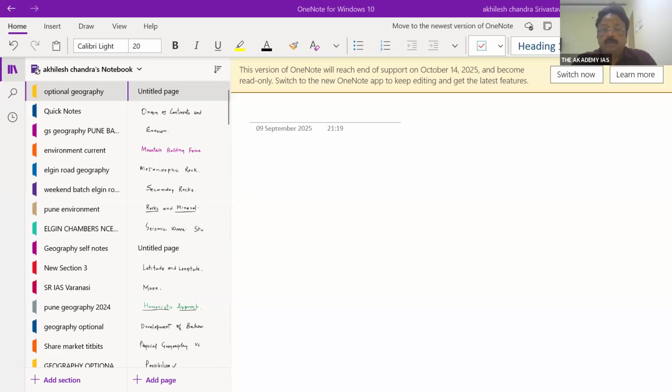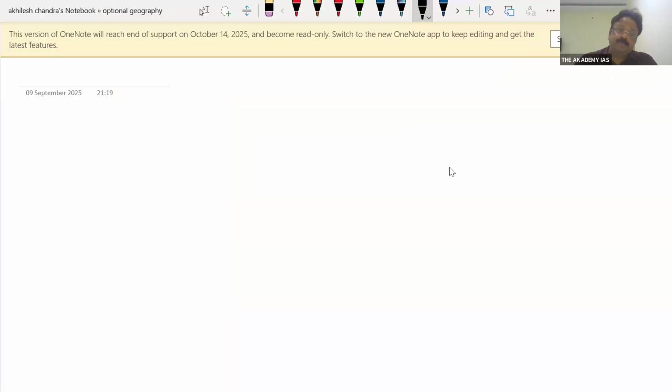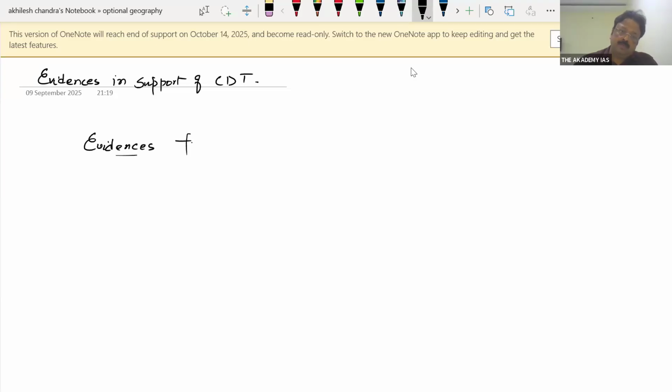So mainly the fossil study was performed in the Gondwana block. It was found that, among the evidences in support of continental drift theory, we are going to study the evidences from the fossils.